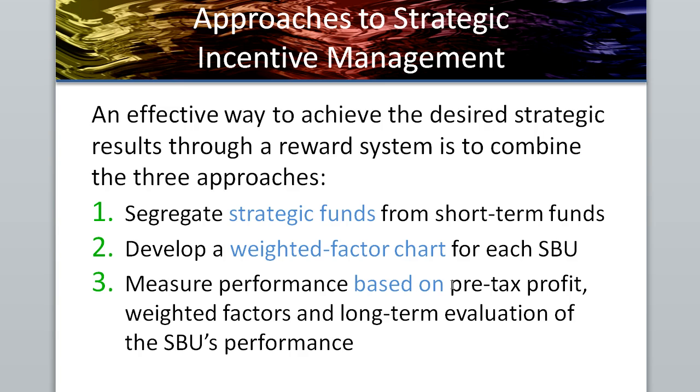Then measure performance based on pre-tax profit, weighted factors, and long-term evaluations of the business unit's performance. So we're really trying to incentivize here by letting the managers make strategic decisions with funds and then measuring them appropriately for what areas their divisions should be most important to how they contribute to the company, and then measuring the performance on the pre-tax profit utilizing those factors.